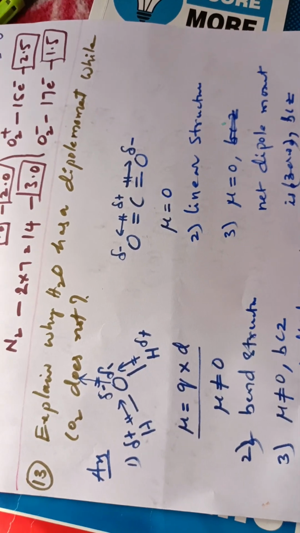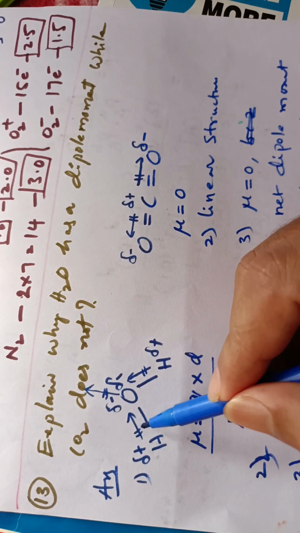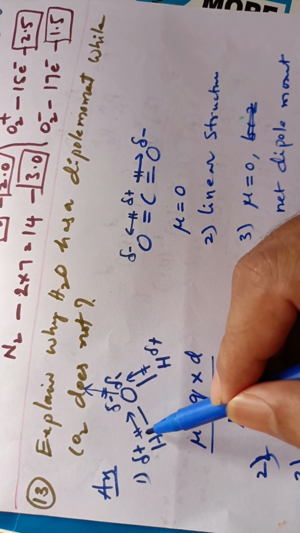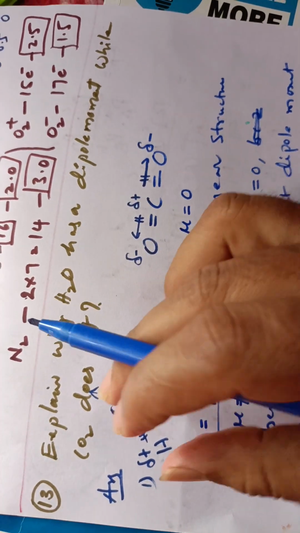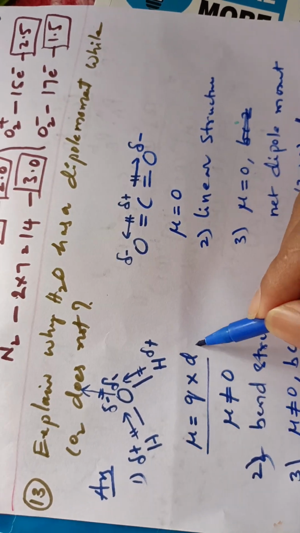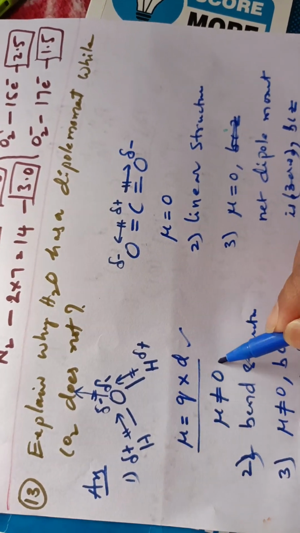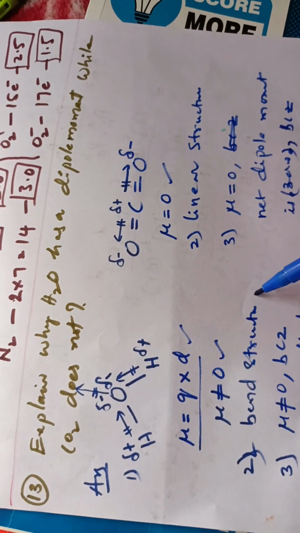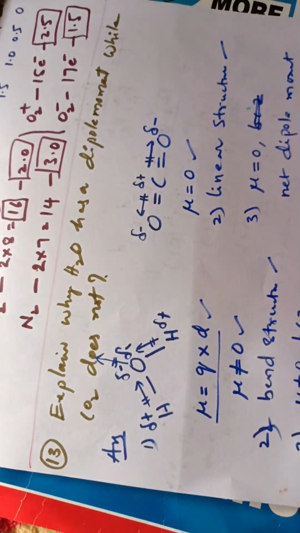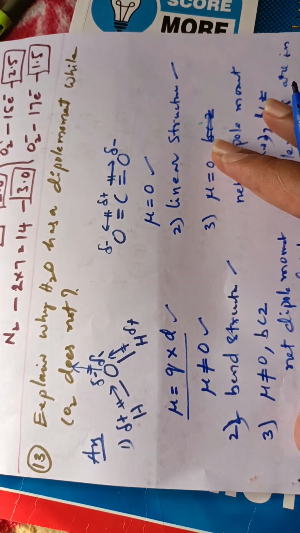This is the sufficient structure, and this symbol is also very important, and delta plus, delta minus, these are also important, and this formula is also important, these values are important, and the bend structure, linear structure, these are the important points. These are sufficient for 4 marks.